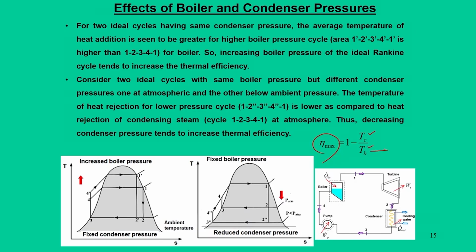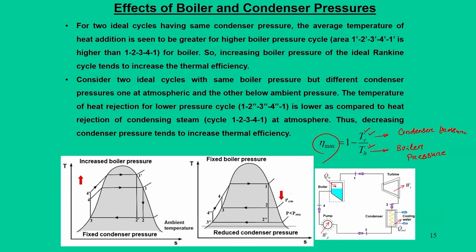Now, this Th for us is the higher temperature of heat addition, which is dependent on the boiler operating pressure, and Tc is linked to the condenser pressure. So, our job is to reduce Tc or increase Th.